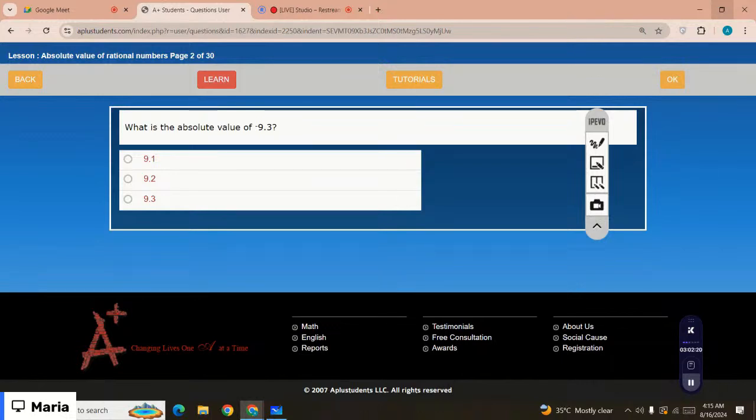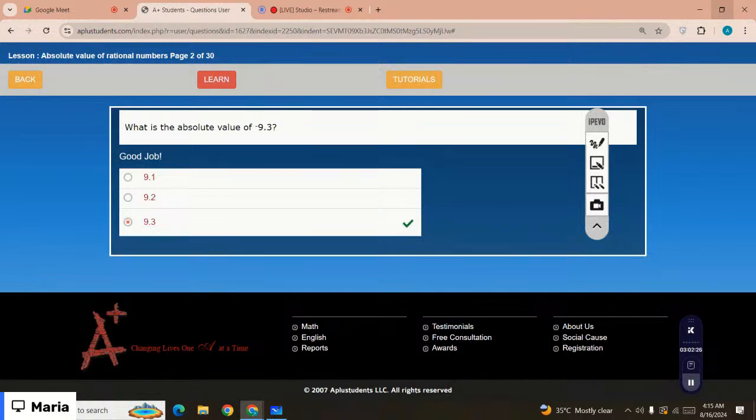So absolute values are the positive values. Option number 3 is the correct option.